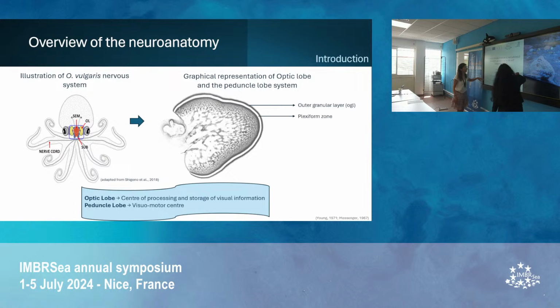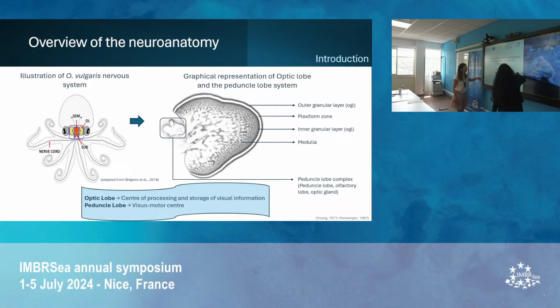Then the plexiform zone, which is a neuropile zone, does not possess neurons, but all the processes are present. Then the inner granular layer, followed by the region called the medulla, which has a lot of cell islands surrounded by neuropile tracts.